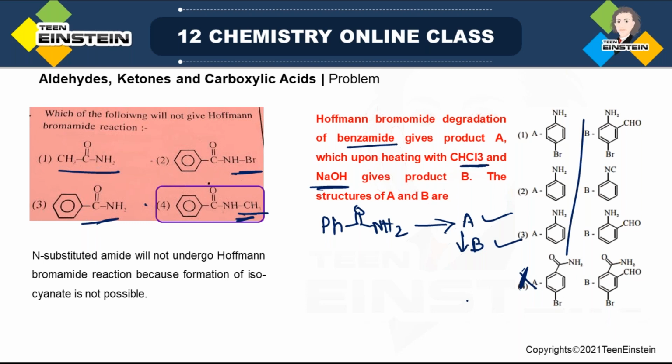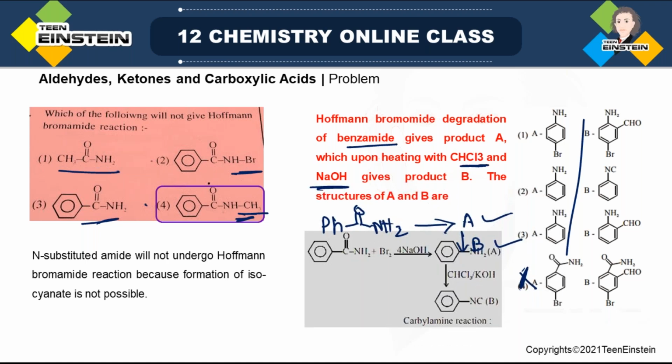But what is B? When you take any primary amine and treat it with chloroform and NaOH, this is actually the carbylamine reaction. The carbylamine reaction is an identification test for 1 degree amines, where a foul smelling compound is produced, an NC attached compound, which is responsible for this bad odor.